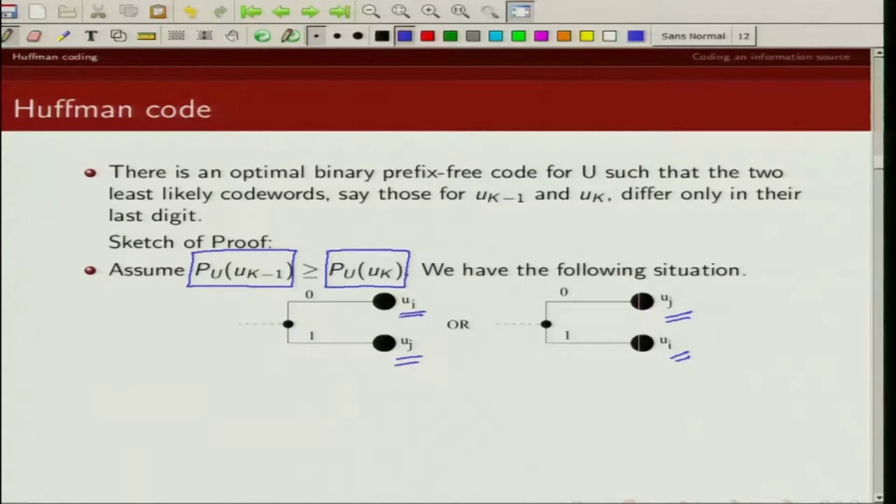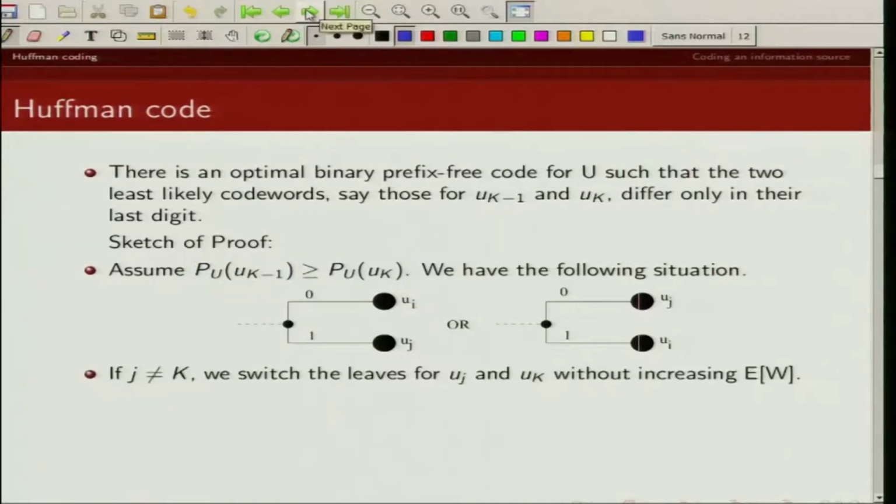Now what we can do is, let's say J is not equal to the least likely code word K, then we can always replace U_J by the code word corresponding to U_K.